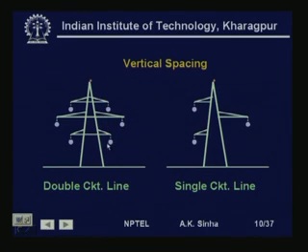This again reduces the inductance of the system. Sometimes when the load on the system has not grown, we use a single circuit line, but with a tower which can be expanded to take care of double circuit line when the load builds up.